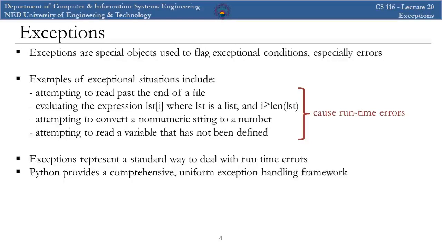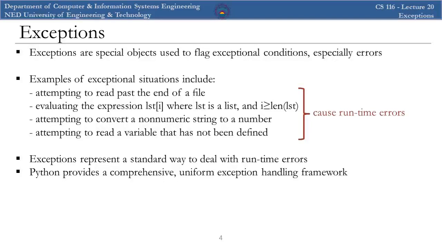That printing of the error message is part of this exception handling framework. What else does it provide? It provides us tools by which we can stop our program from being terminated when some runtime errors occur, and we can handle those errors ourselves in the code instead.